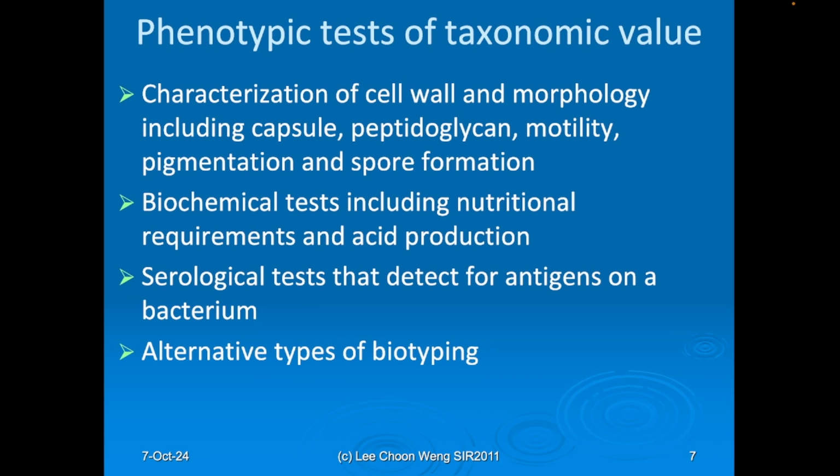From your microscopy, you can see some of the morphology. So when you do characterization of the cell wall, what does that mean? Characterization of the cell wall means it's either gram positive or gram negative, right? Or, for gram, there's also gram variable.